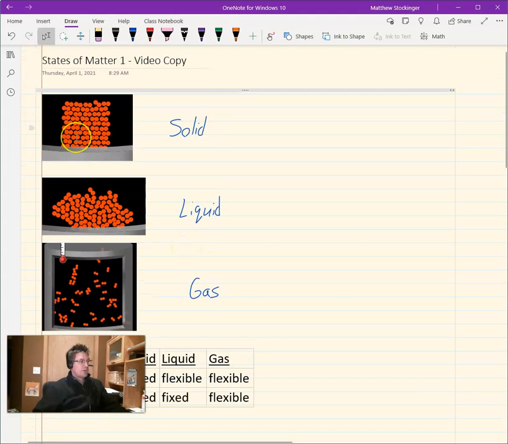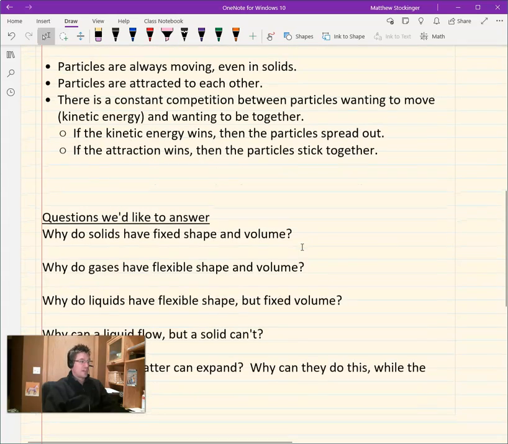Solid particles are stuck in place. You can see that in the particle simulations online, that the particles never move out of their place. They're stuck. Why are they stuck? Because in a solid, the attractions between the particles are winning. They're much stronger than the kinetic energy. They don't have enough kinetic energy to break free of those attractions.